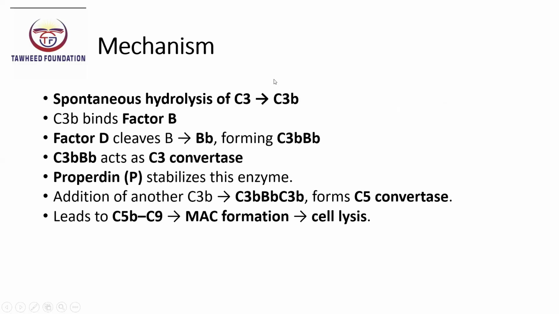Next is the mechanism. The alternative pathway is initiated by spontaneous hydrolysis of C3 in plasma, forming C3b.